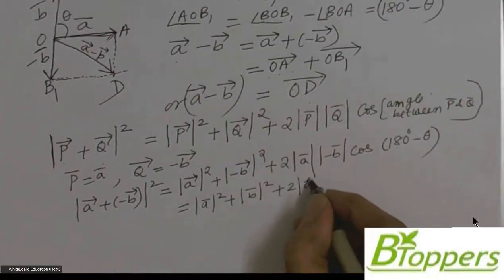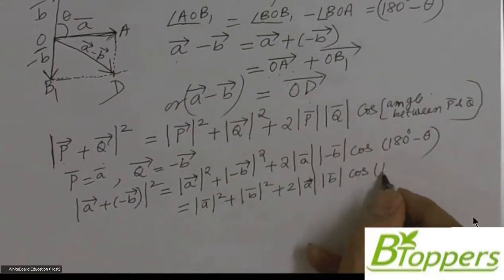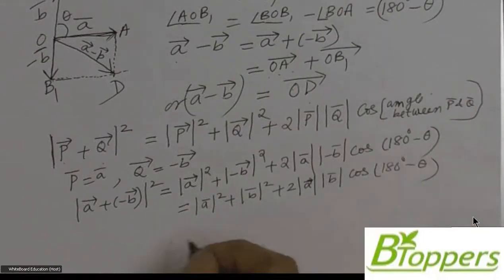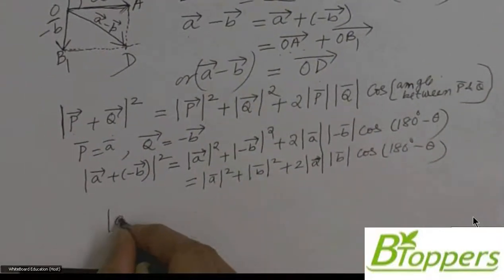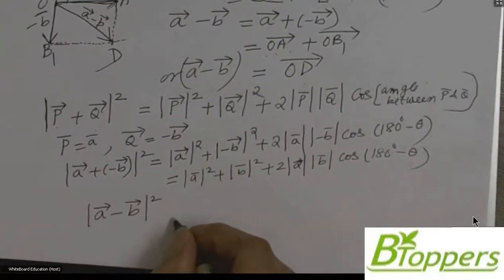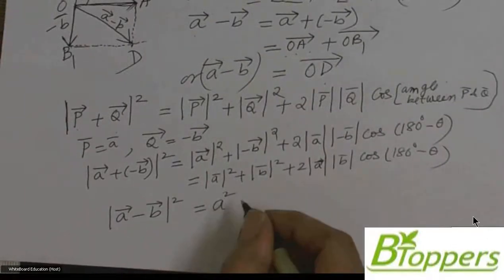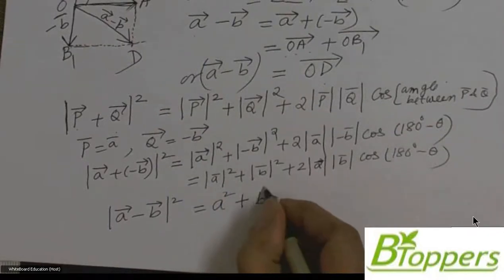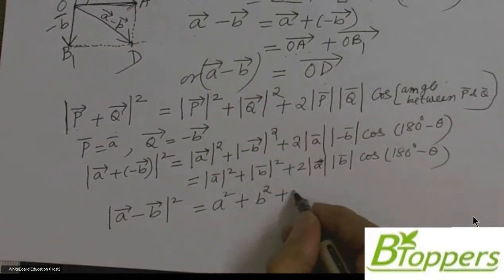From the definition of a negative vector, the modulus of vector minus B bar is the same as the modulus of vector B bar. So the modulus of vector A bar, you can write it as A. In the same way, if you just write the letter B without the bar symbol, it represents the magnitude or modulus of the second vector B bar.